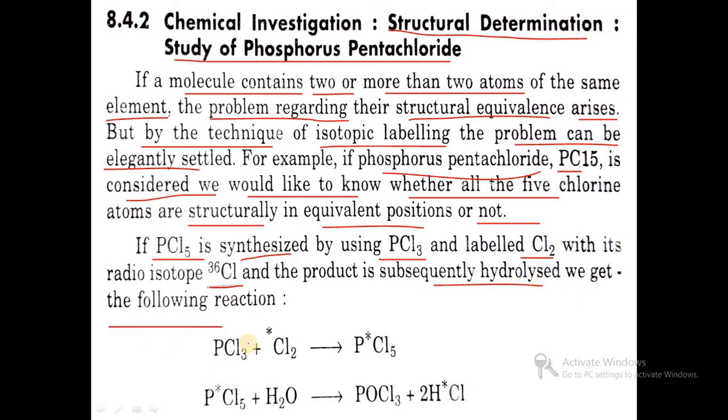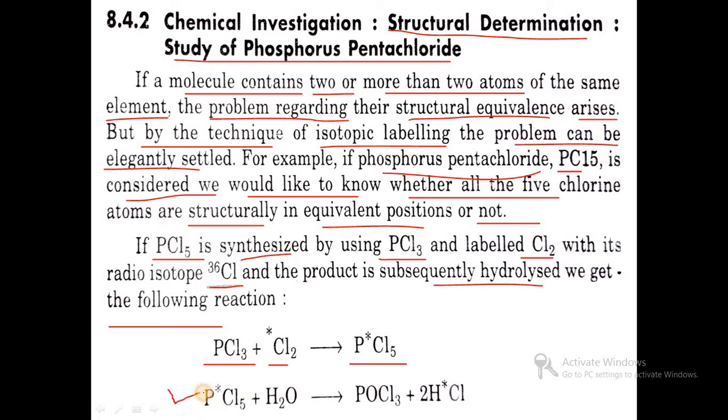Suppose when PCl3 reacted with chlorine gas Cl2 in the labeled 36 form, then the chlorine goes into the reaction and we get PCl5.